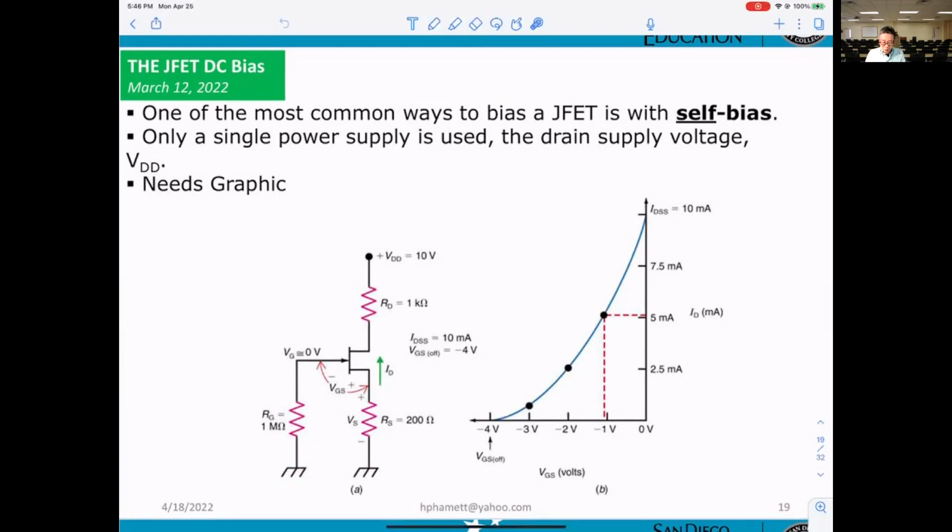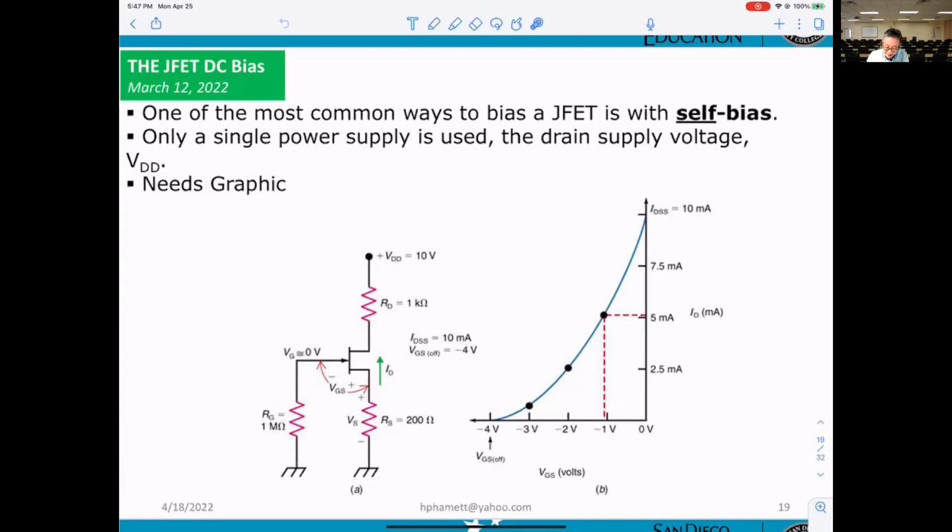So in order to solve for the self bias, you have to calculate ID, IS, VG, VS, whatever. In this one, they don't want to use the formula to calculate the ID. ID, like we saw last time, equals IDSS times (1 minus VGS over VGS off) squared. It's very, very difficult to use that equation for the self bias.